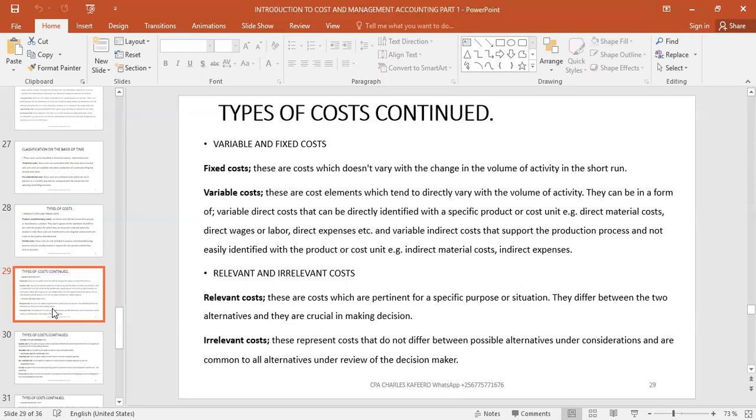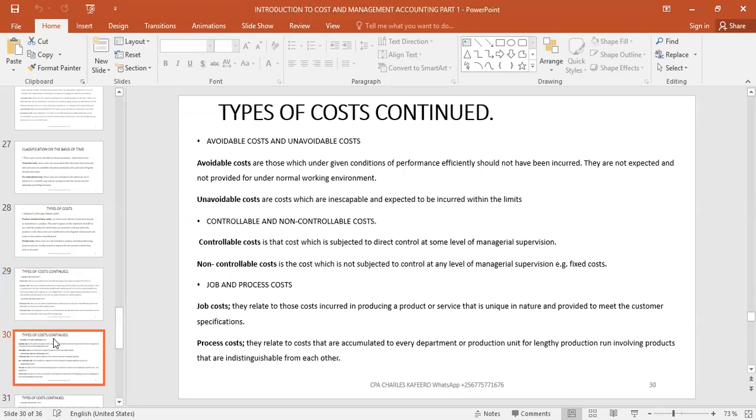So those become a basis for decision making, so that you compare those costs between those items and you see which one has more costs than the other, so that you can make a decision on whether to take the investment or to leave it.